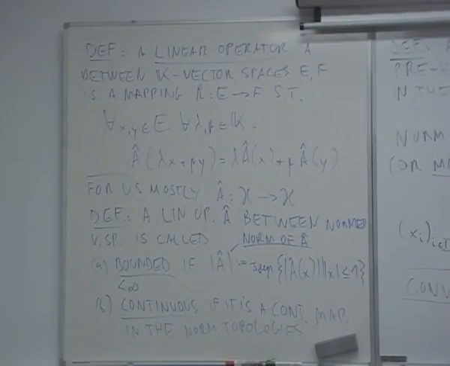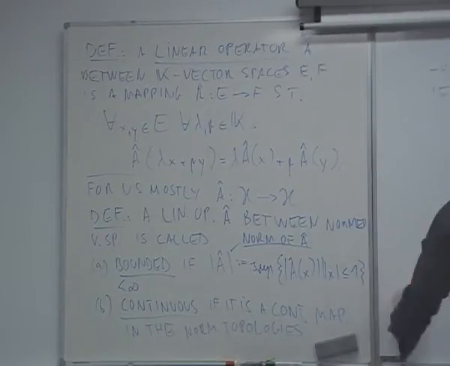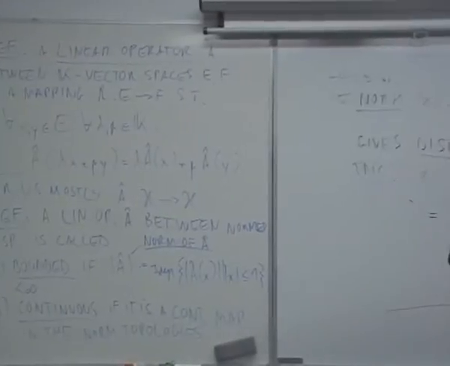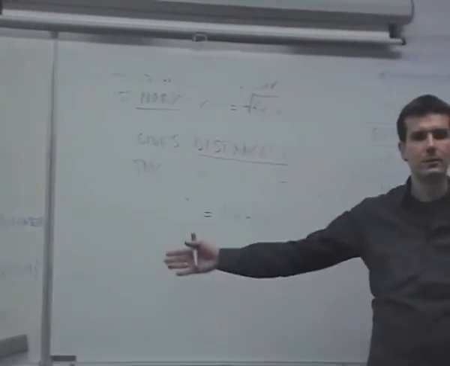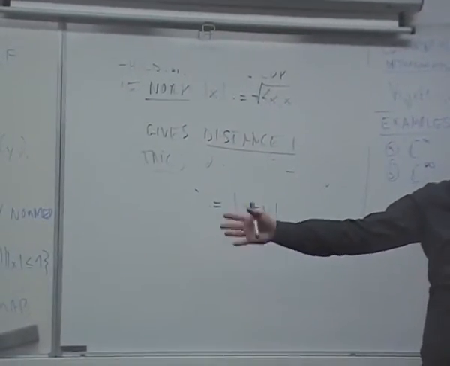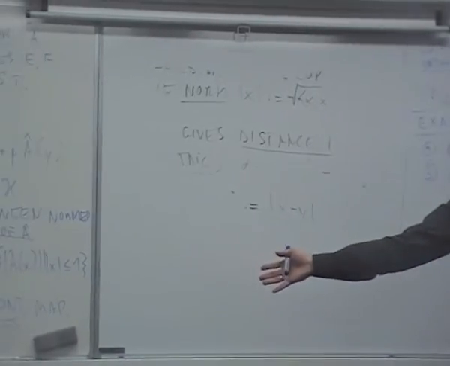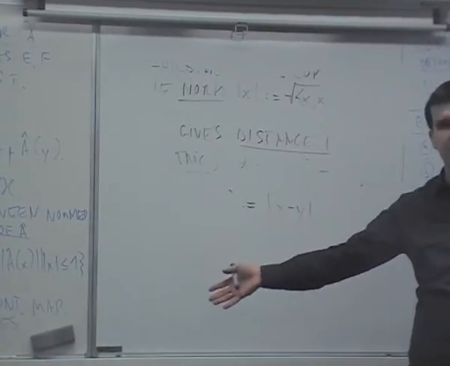Okay, and then there's the first non-trivial theorem, which I will not prove. It says that these two notions coincide. First of all, if you think about it for a second, in finite dimensions, there's no problem whatsoever. All linear operators are obviously bounded, and they're also obviously continuous.